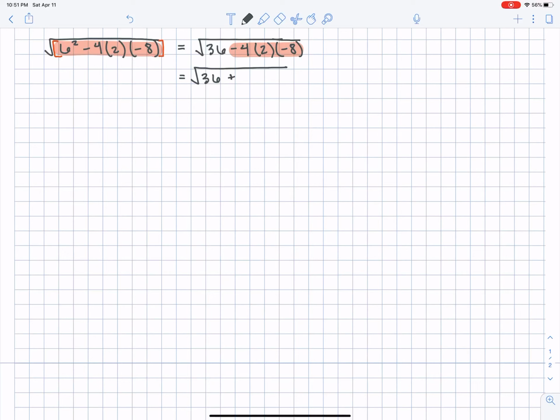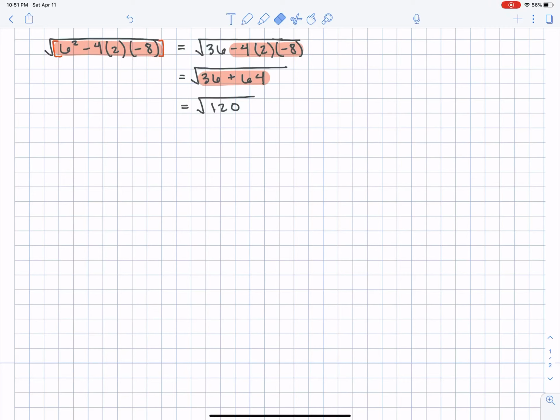So negative 8 times negative 8, that's a positive 64. Okay, now I'm going to do this operation in here. So I have 36 plus 64. I have to do the operation inside the radical, which is going to leave me with 120.